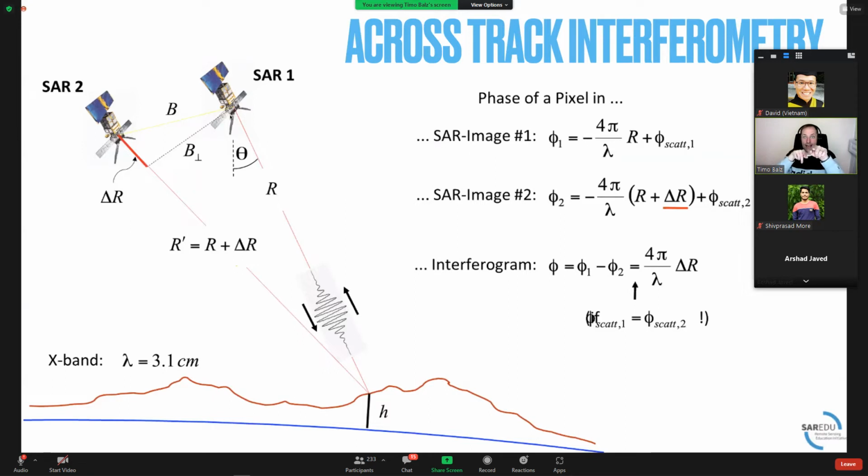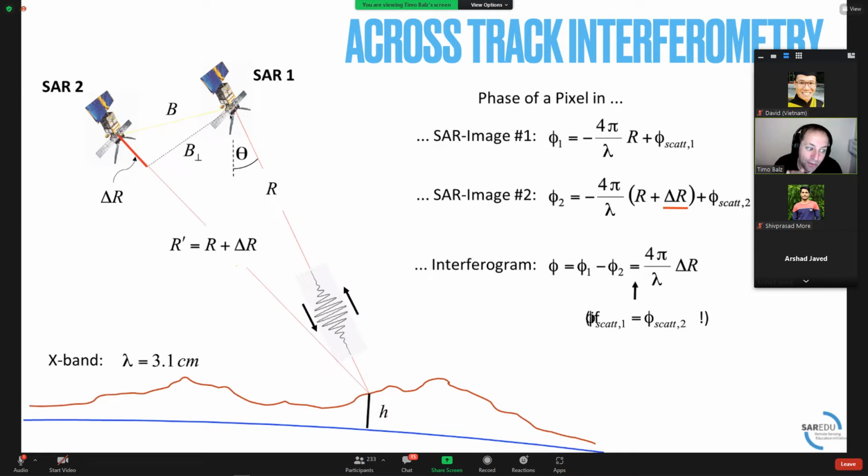And we are looking at the side. Cross-track is the looking direction of our sensor. That's what we measure normally, and that's called cross-track interferometry.